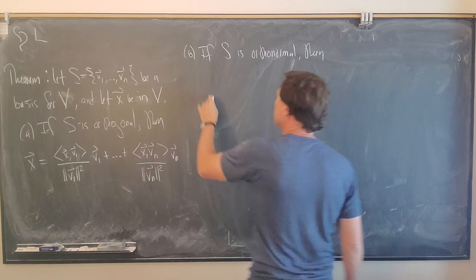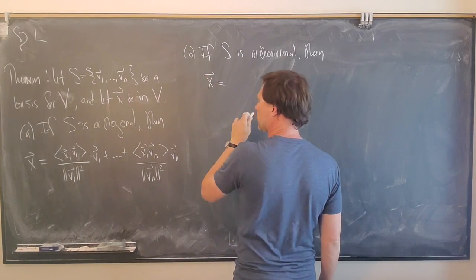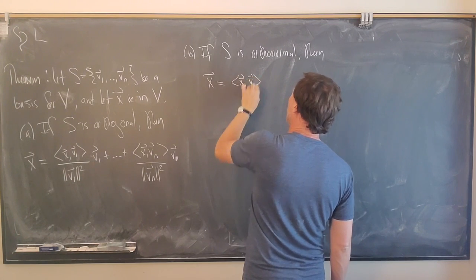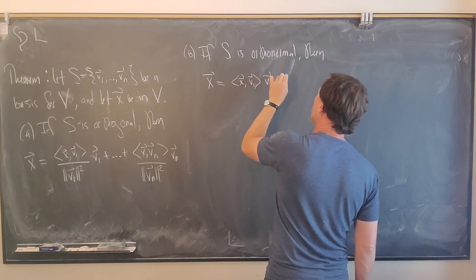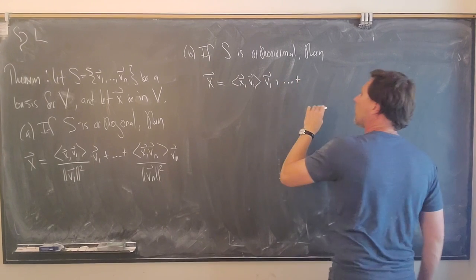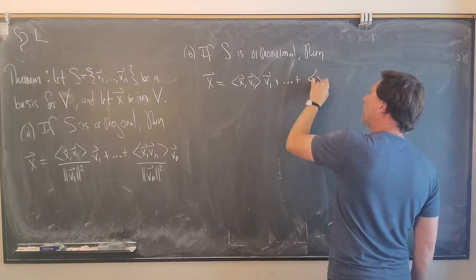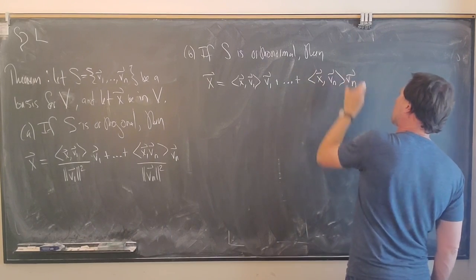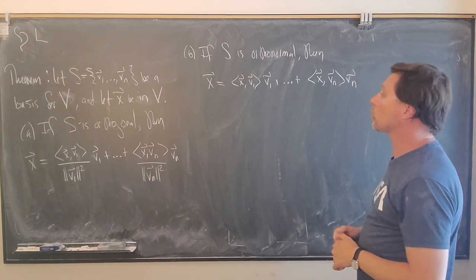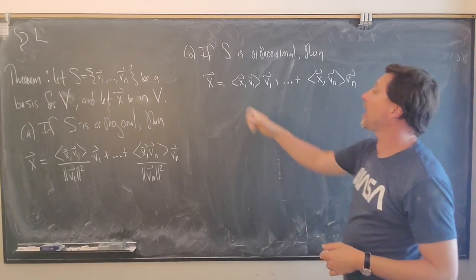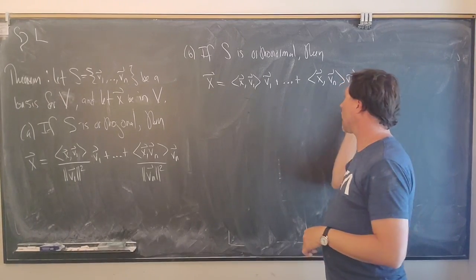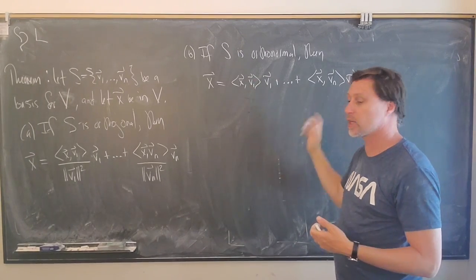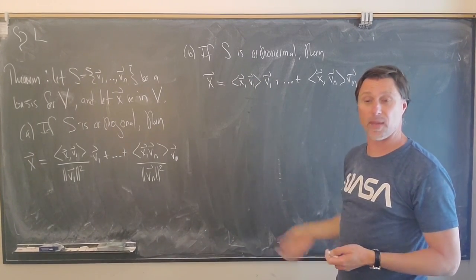And so then X is equal to inner product of X with V1 times V1 plus dot dot dot plus X inner product with Vn times Vn. So when you have an orthonormal basis, expressing any vector as a linear combination of the basis vectors is very easy. To find the coefficients, just take the inner product of X with each of the basis vectors.